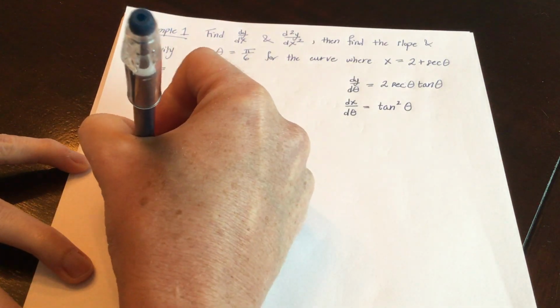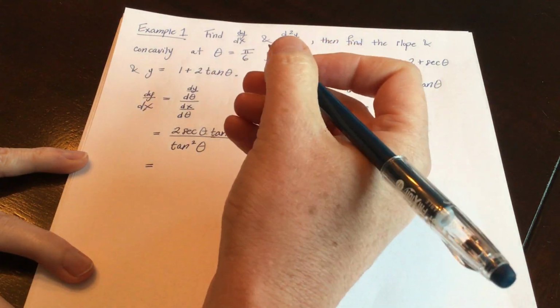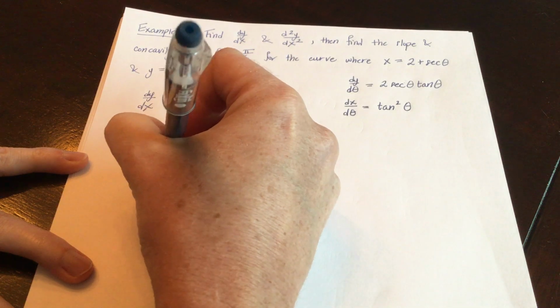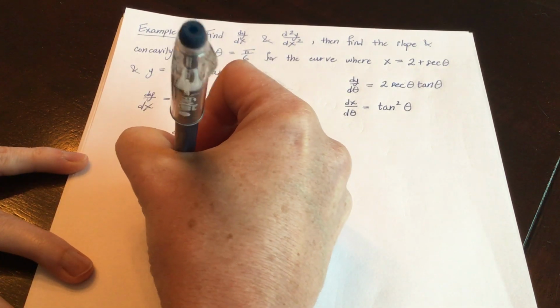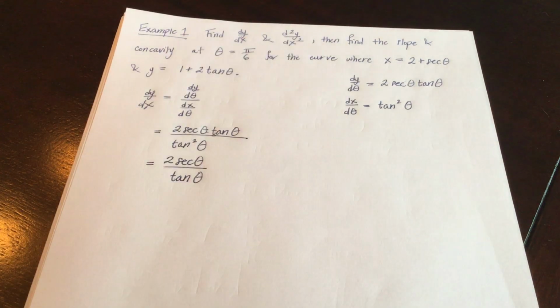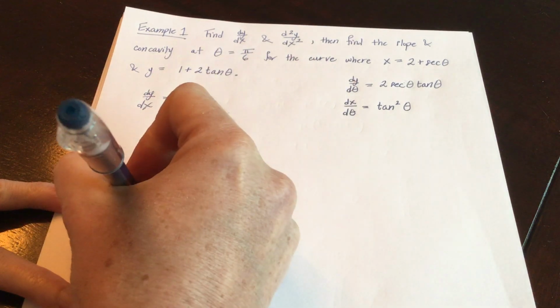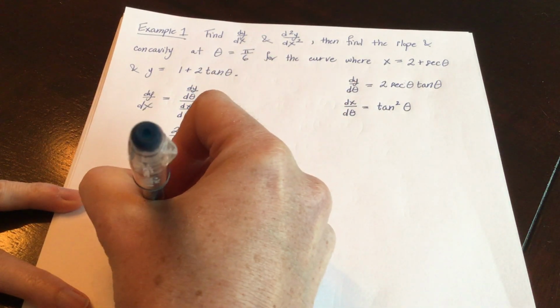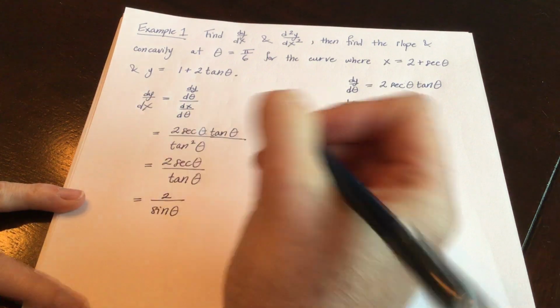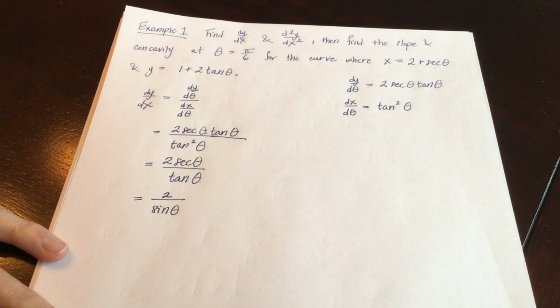So there are a couple of ways you could write your answer and have it be pretty simplified. You could just cancel the tangents out, and you could have 2 times secant theta divided by tangent theta. Sorry, that's a little embarrassing. And then you could simplify it a little more. Let's see, secant is, what's secant? 1 over cosine, right? Tangent is sine over cosine. So you could actually write this as 2 over sine theta, because of a little flip and multiply type stuff.